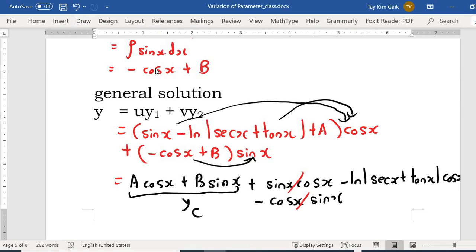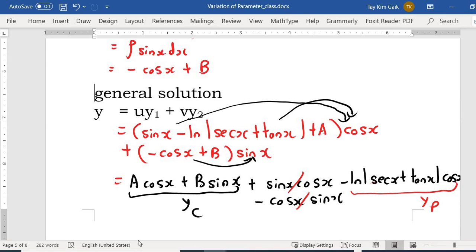So your yp is only this term. So the general solution is a cos x plus b sin x, because these two terms cancel each other. It just left minus ln secant x plus tangent x multiply cos x. So this is the general solution for the second example.